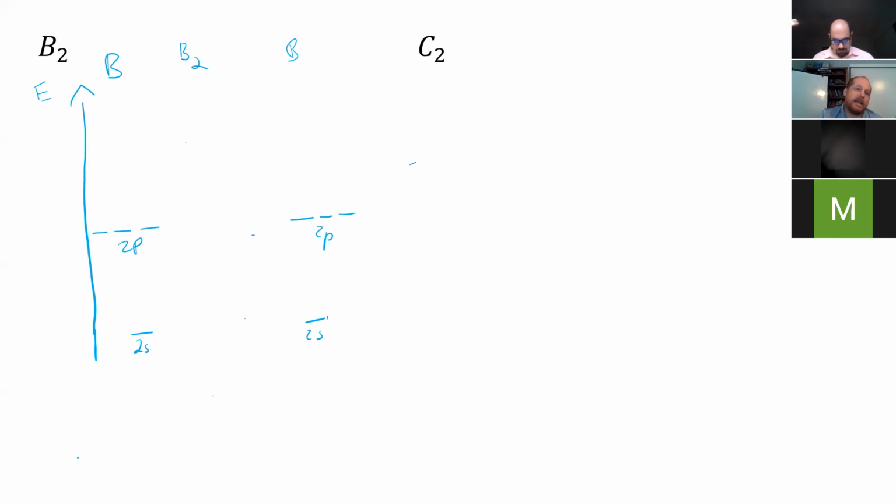So one of the keys that we need to know for the overlap of orbitals: when orbitals overlap, they must be oriented with the same symmetry, right? So orbitals can only overlap if they have the same orientation or symmetry.